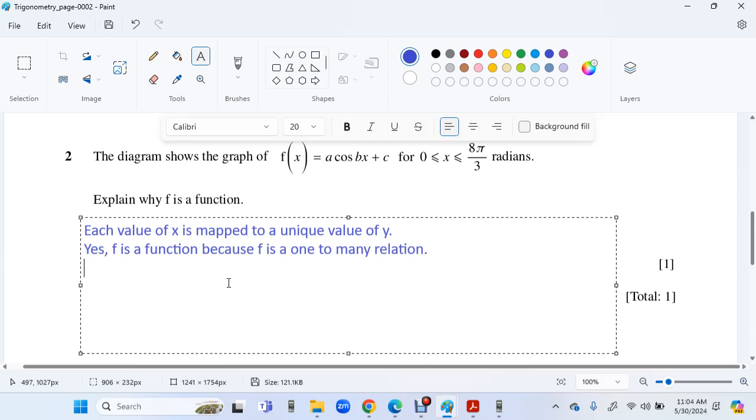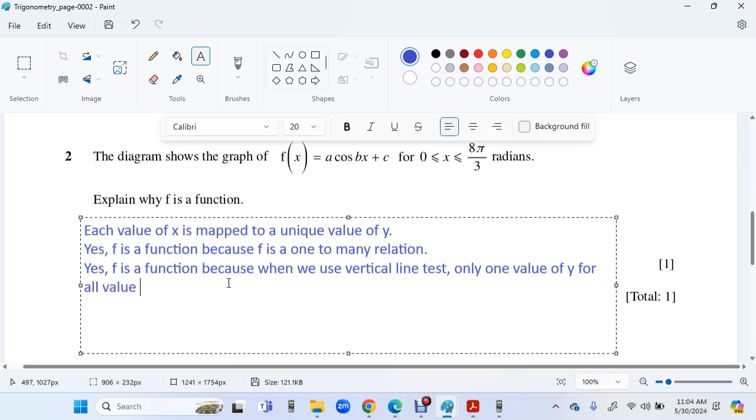And then yes, f is a function because when we use the vertical line test, only one value of y for all values of x, something like this.